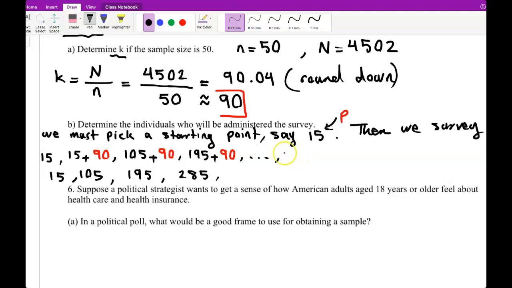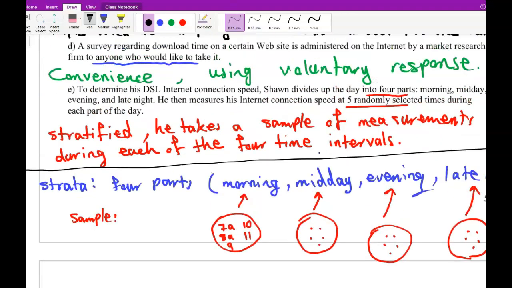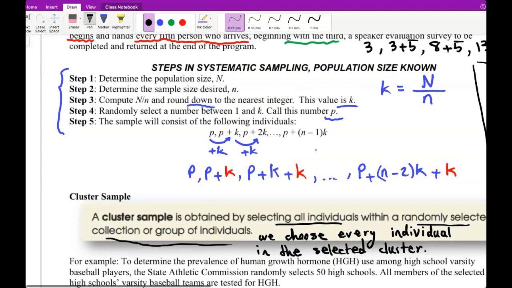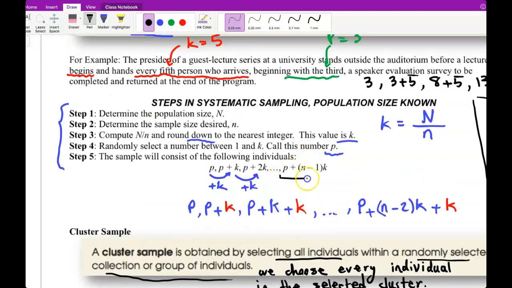Up to 15 plus n minus 1. Okay, let me show you that one. We're going to use this part: P plus n minus 1 times k.